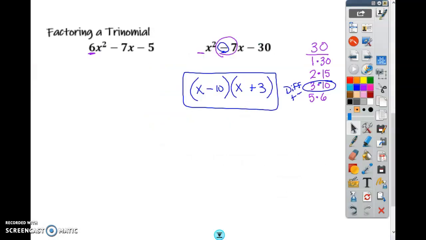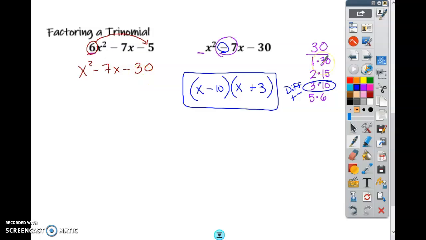The next one, when you have a number in the front, what do you do with it? You take it and you multiply by 5, right? So take the 6, multiply by 5, that gives me 30. So take off the 6 for now, it's x squared minus 7x minus 30. Remember, I'm going to use that 6 later to divide. So I need things that multiply and give me 30.